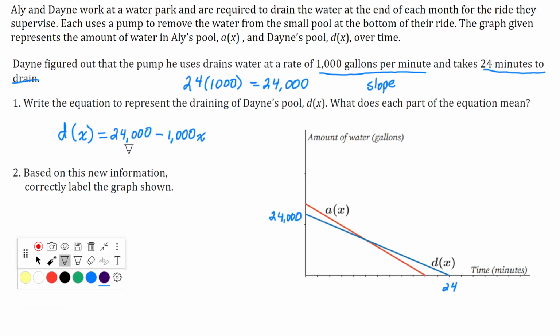So let's identify the parts here. 24,000 is the initial amount. The minus 1,000 is the rate in gallons per minute.